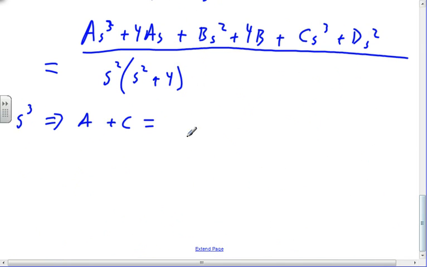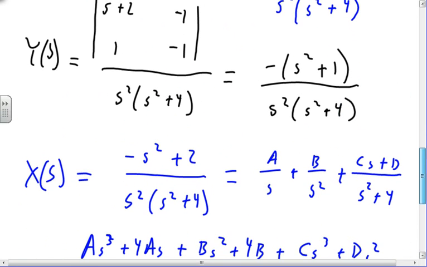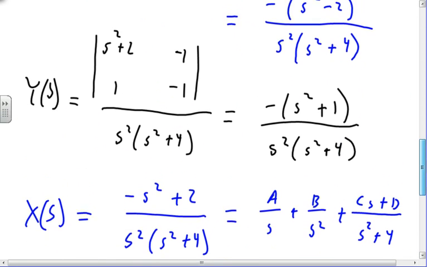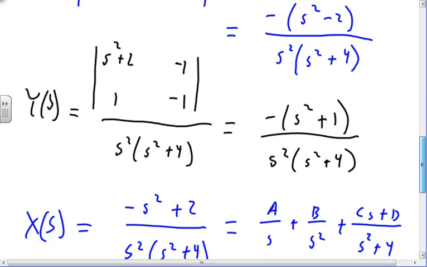No. So that has to be 0. There's an s squared term, B plus D, and that has to equal minus 1. Oh, yeah, minus 1 is correct.